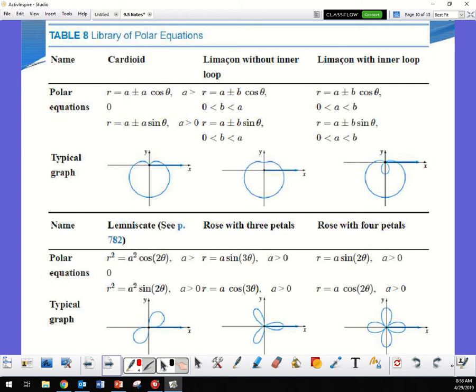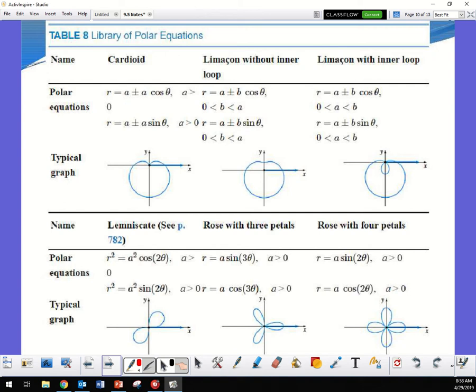So when I have A plus or minus B sine theta, if A is less than B, I get a loop. Over here, there's no loop when B is less than A. That just goes along with the shape.